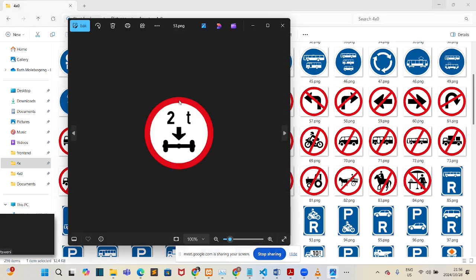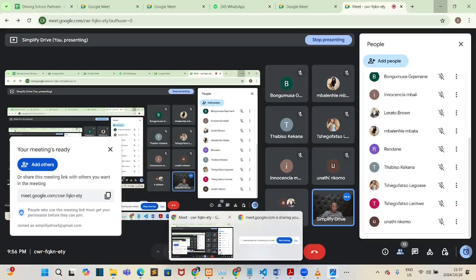They say this road sign disallows from using the road or part of the road indicated by such sign: A. Articulated vehicles pulling 2 trailers. B. Vehicles with an axle mass exceeding 2 tons. C. Vehicles carrying a load that weighs more than 2 tons. I think the answer is C. Incorrect. Let's pick.